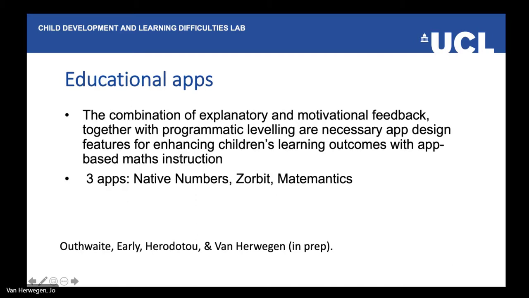So it's okay for children to play educational maths apps. As we've seen, 31 out of 46 studies showed an improvement. But if you want to know which app would be the best, it would be an app that has explanatory and motivational feedback in it.